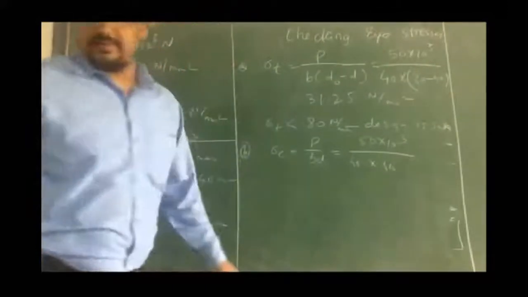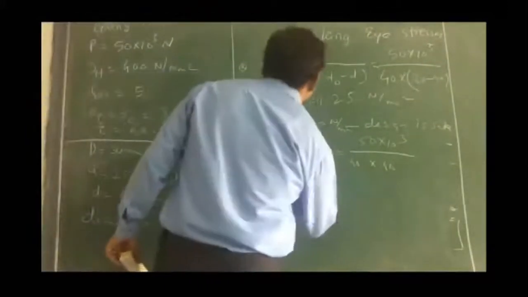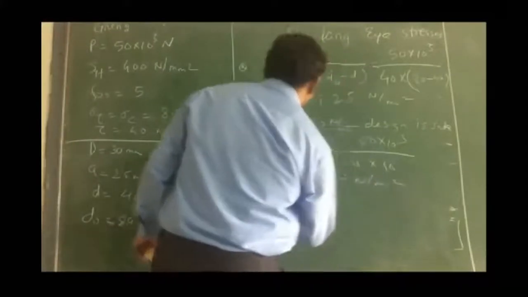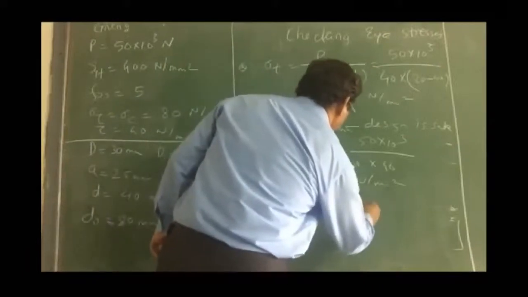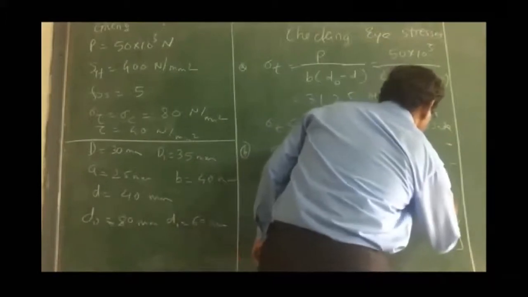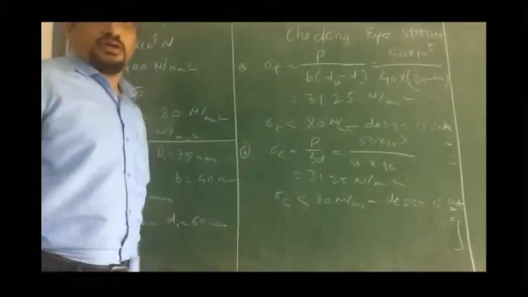So this will again come to 31.25 Newton per mm square. So this sigma C is less than 80 Newton per mm square, so the design is safe. We check whether our design is safe or not in both these.